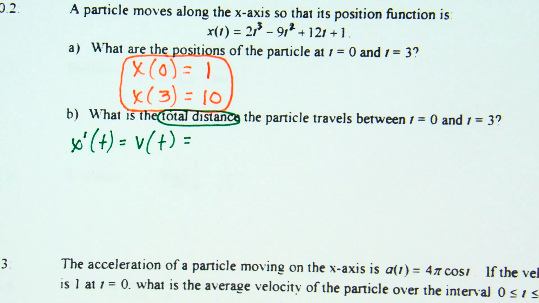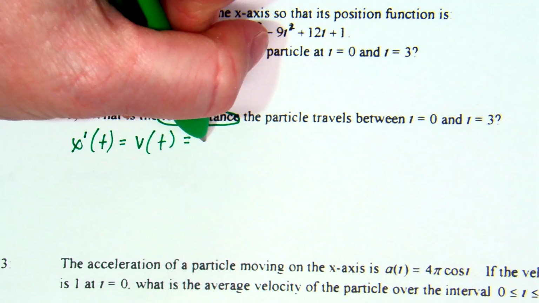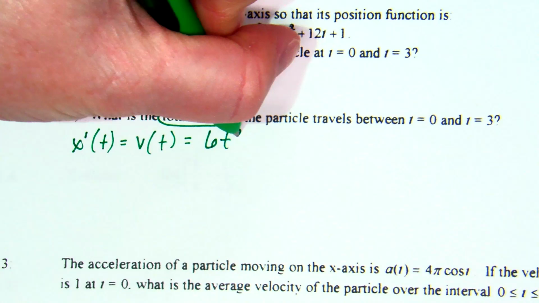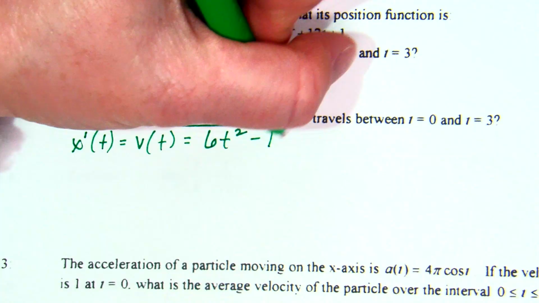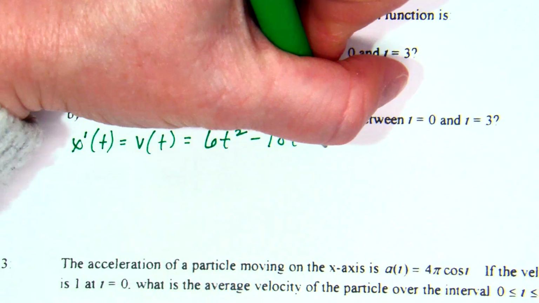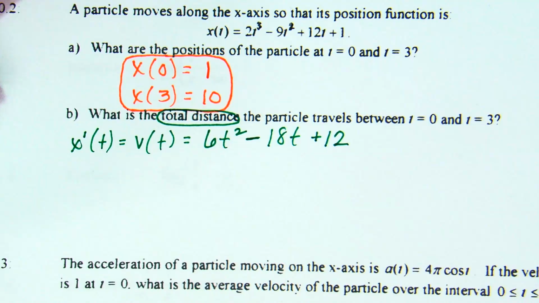What is the derivative of position? Six t squared minus 18t plus 12.